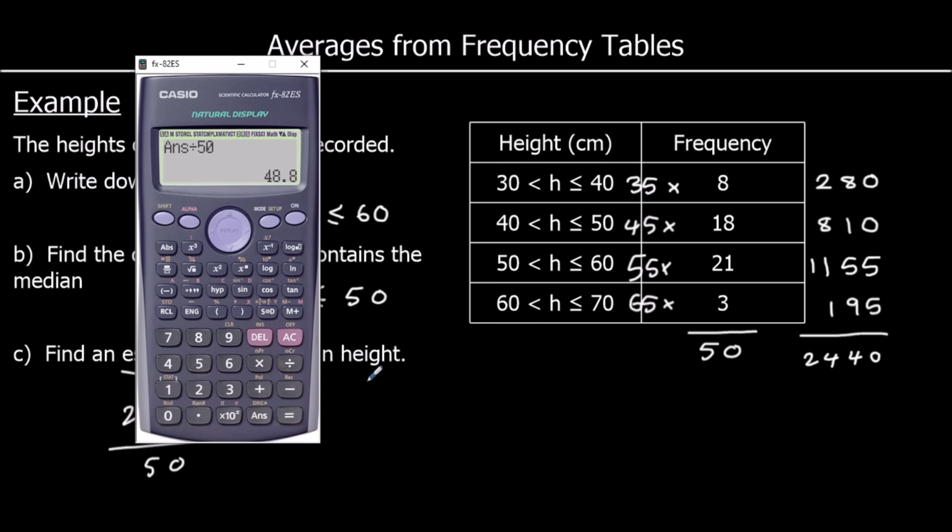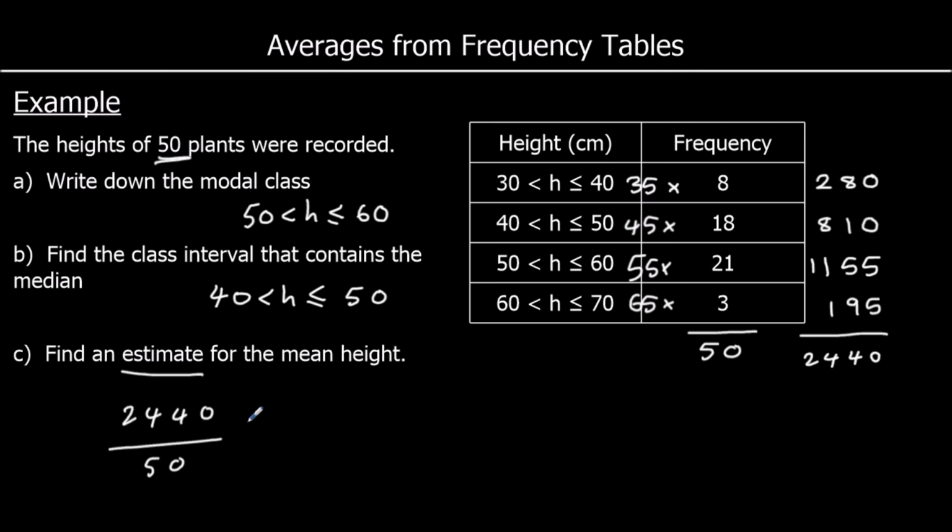And that is 48.8. So our estimate for the mean height of the plants is 48.8 centimeters. And you can see that looks like a sensible answer. It's somewhere in the middle, 48.8 centimeters. So that is our estimate for the mean height.